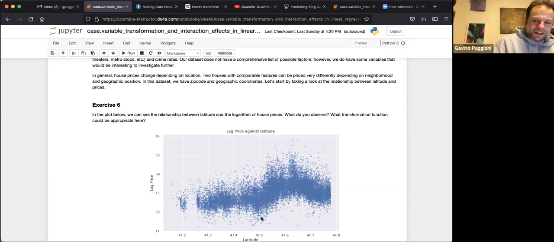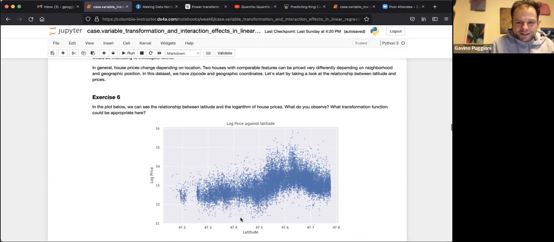Don't you notice though that there is an area where the price doesn't seem to change? For certain latitudes, it doesn't change at all. And then it has kind of a hump for another set of latitudes. So this would definitely be something non-linear. Perhaps a function like a step function where this is constant and then it has a little quadratic kind of thing. Yeah, definitely not obvious.